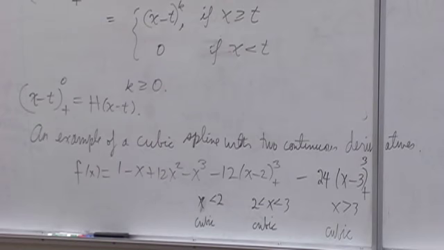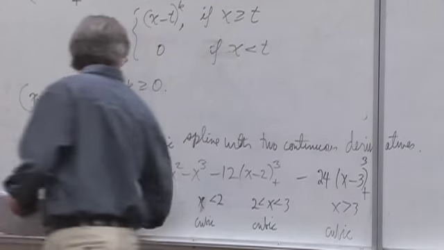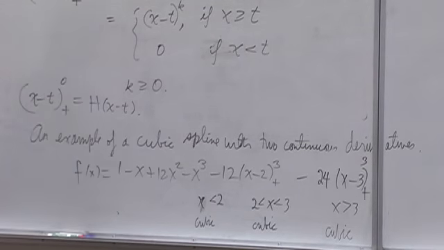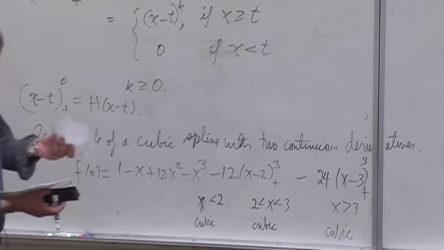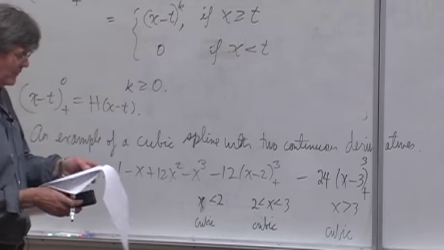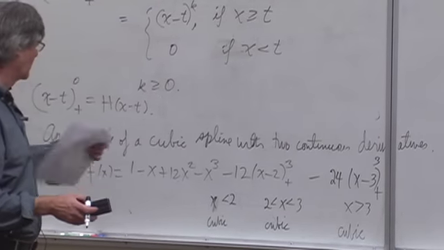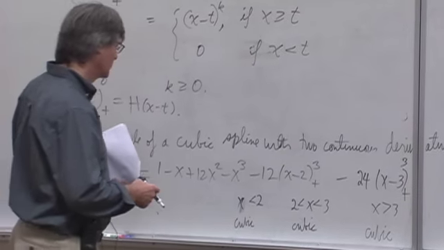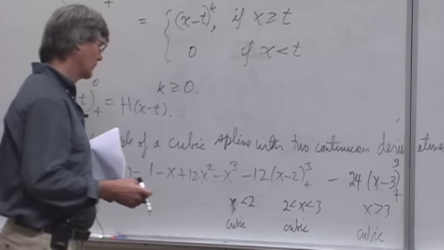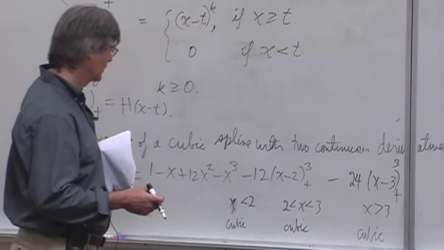And how do I know it has two continuous derivatives? What would be the derivatives of this function? Okay. Just so I understand this right, when x is in between 2 and 3, then our function is minus x plus 12x squared minus x cubed minus 12 times (x minus 2) cubed.